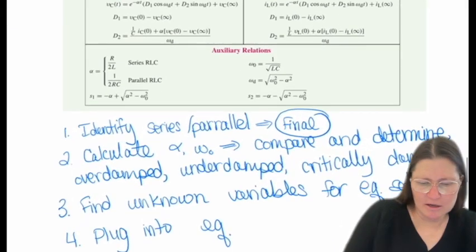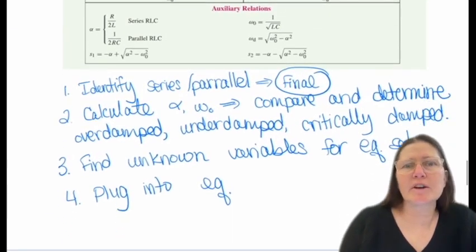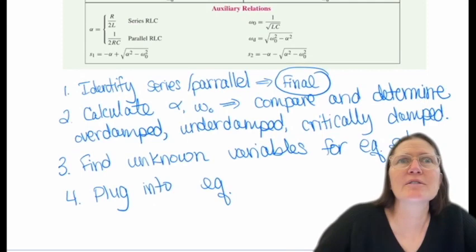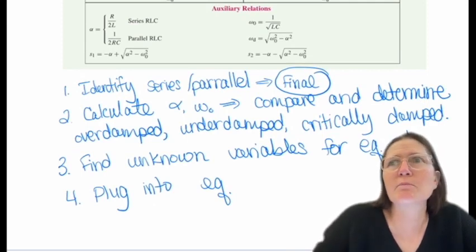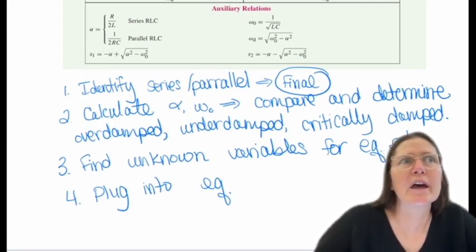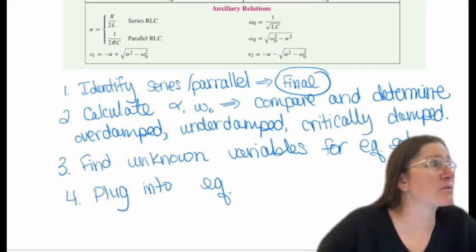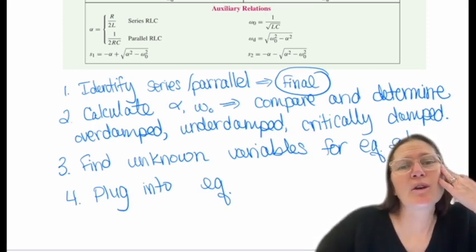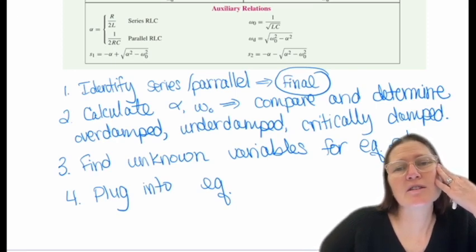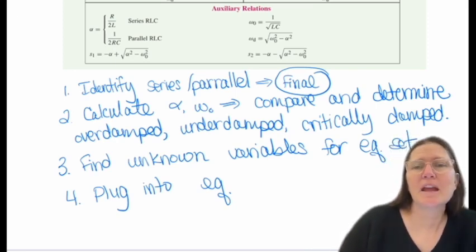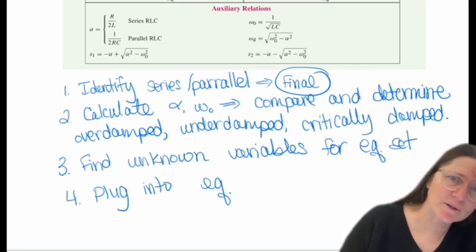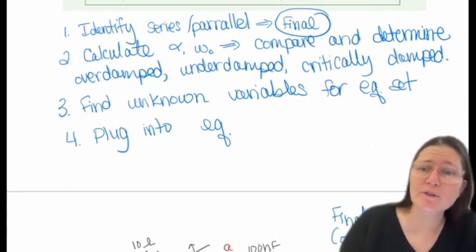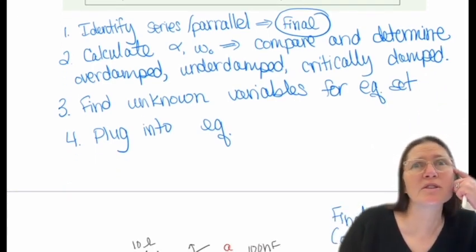So, quick summary: identify series or parallel, and you identify it in the final form. That is the configuration you want to determine because it may be different in the initial versus the final. Calculate omega and alpha, then compare to determine overdamped, underdamped, or critically damped, find the unknown variables for the equation set that corresponds, and plug into the equation.